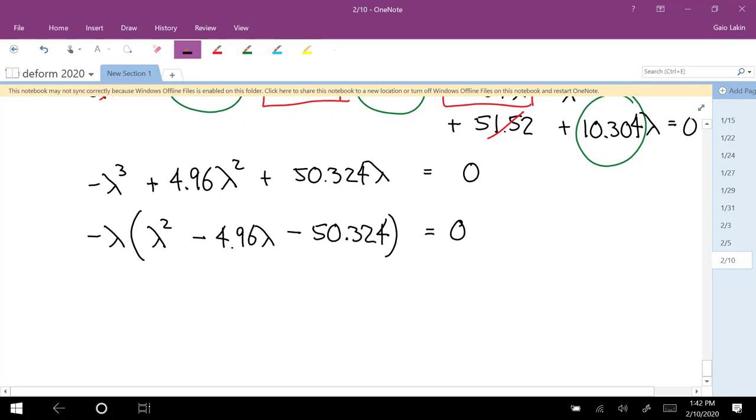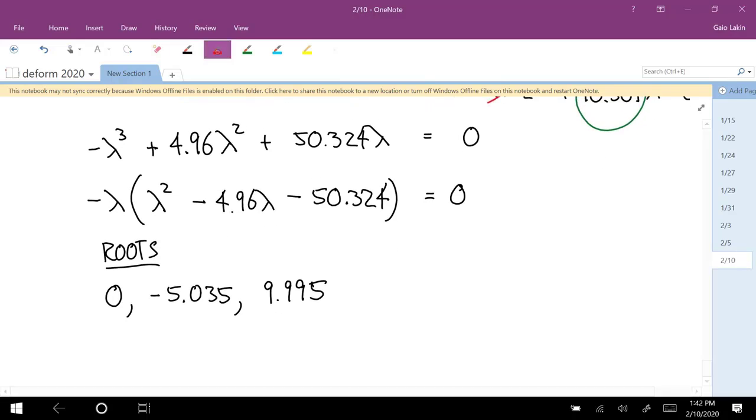Okay, so can someone give me the roots? Okay, so 0, negative 5.035, okay, and then so this is our negative 5 that we started with. This is our 10 that we started with. We didn't get it exact because everything's rounded, you know.